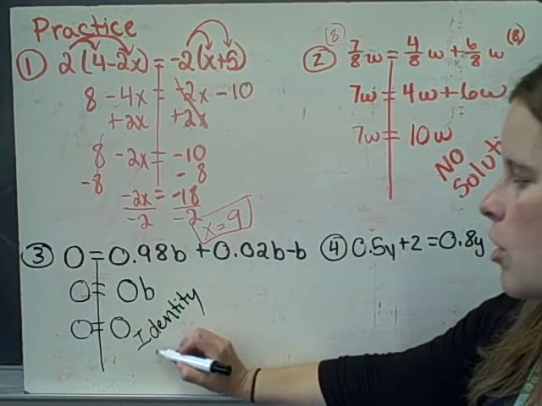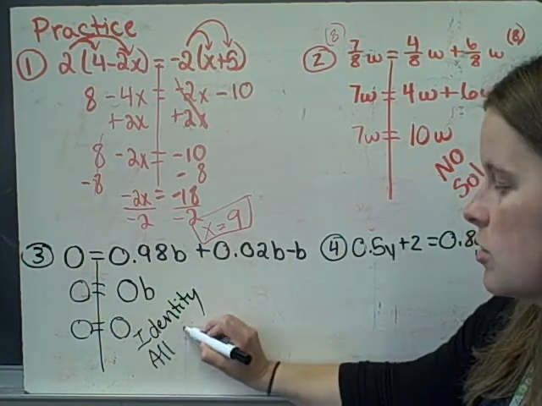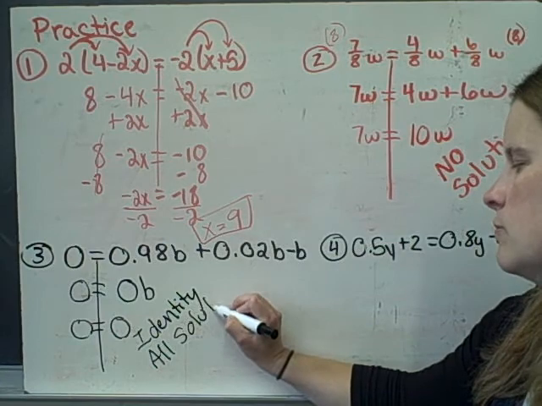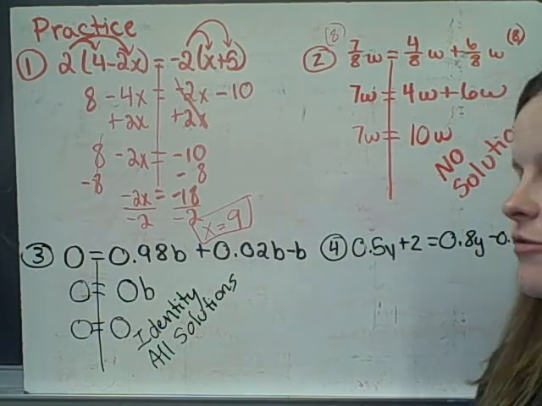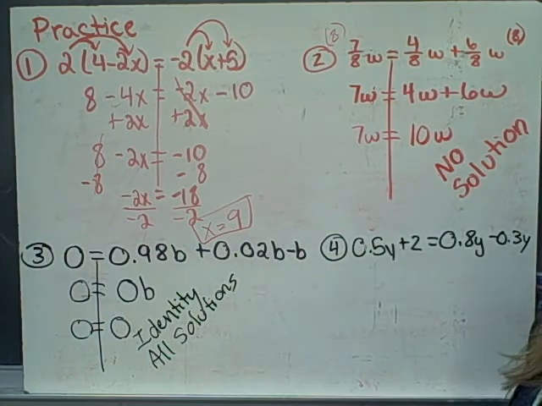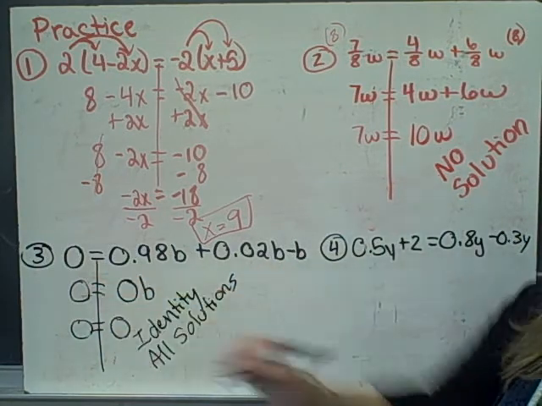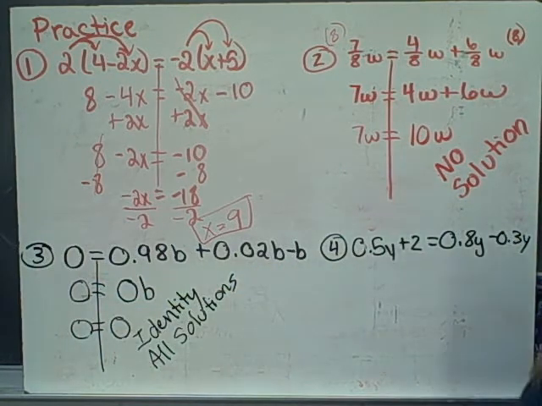Okay, or you could say all solutions. Okay, because it doesn't matter what number I would plug in for b, all numbers in the real number system would make this equation equal to each other.